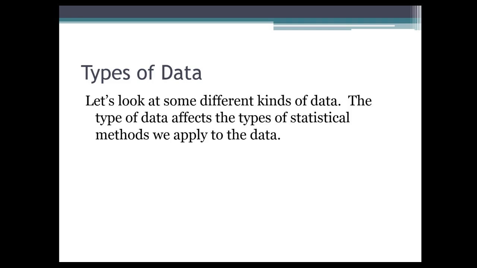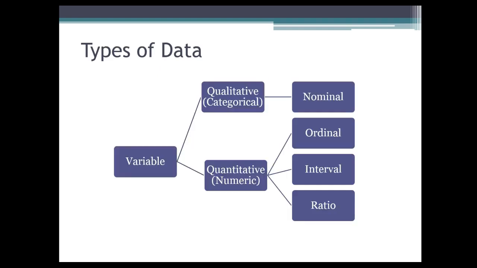So now we need to look at different kinds of data. The reason we care about what kind of data we're looking at is that it makes a difference what types of statistical methods we use. Different types of data require different statistical methods. So here we've got a variable.